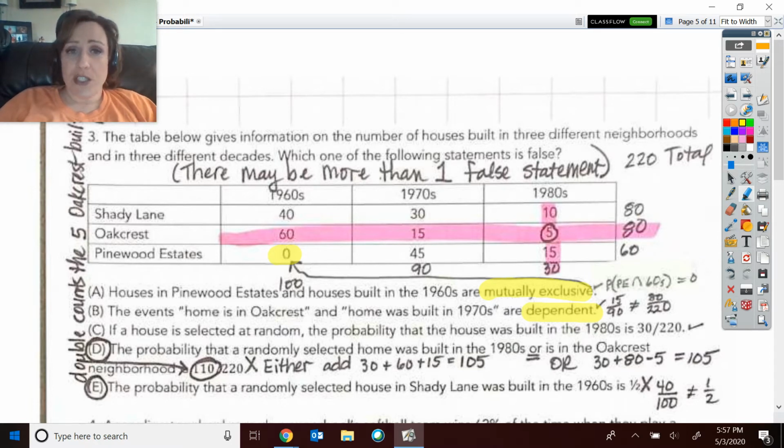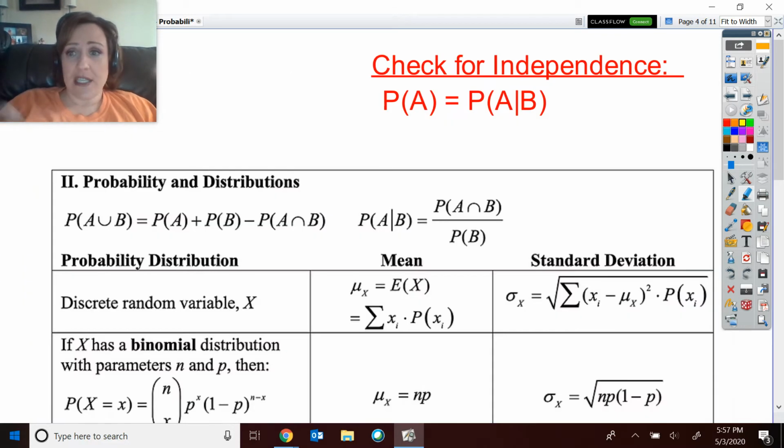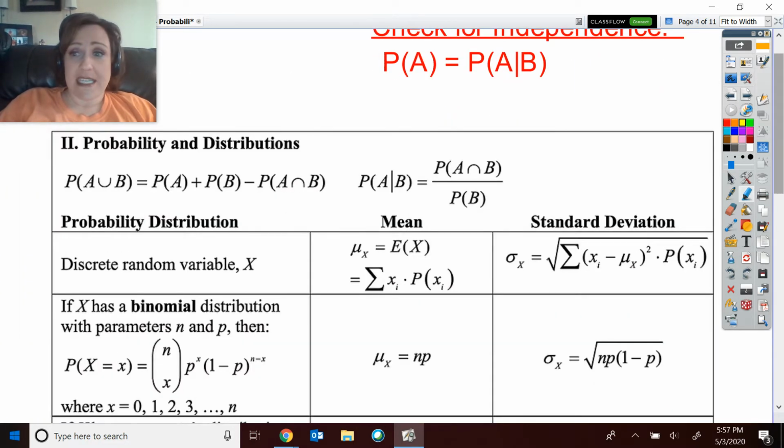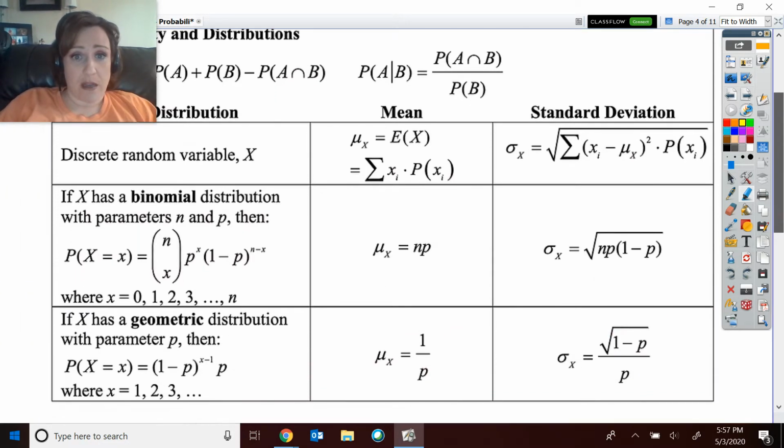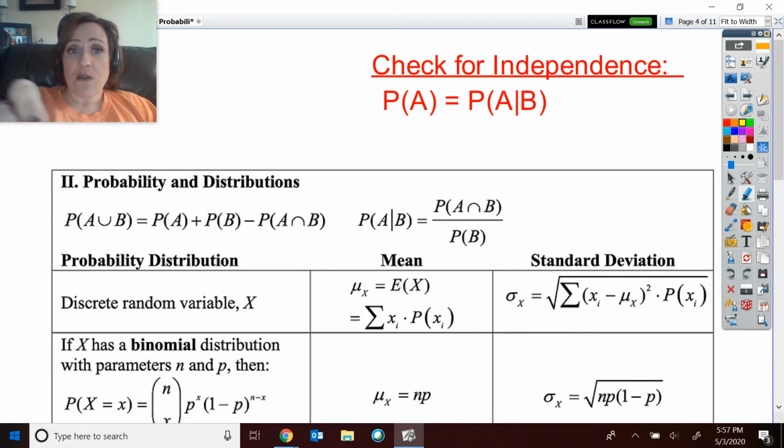But in order to do that, we have to recall how you tell if they are independent. I have the probability section of the formula chart here, and the check for independence is not on there. Because we can use our notes basically this year in 2020, you could write that there for easy access.